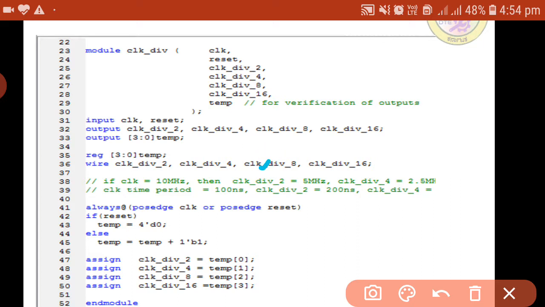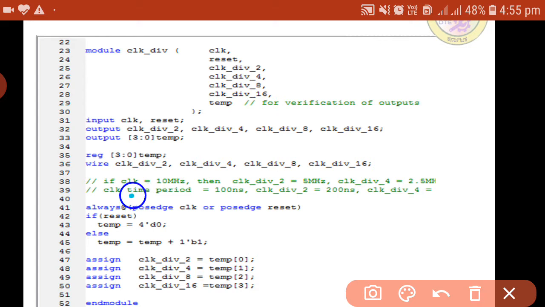Then the clock divided by 2 will be 5 megahertz, divided by 4 will be 2.5, divided by 8 it is 1.25, and divided by 16 it will be 0.625 megahertz. So the 10 megahertz clock is divided in terms of 2, 4, 8 and 16.